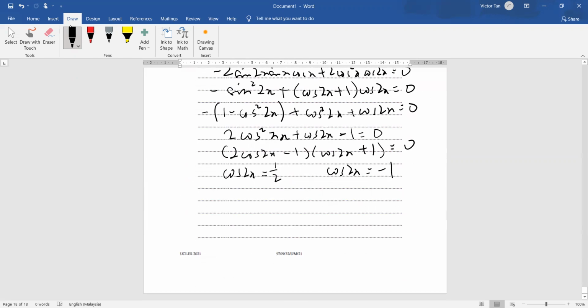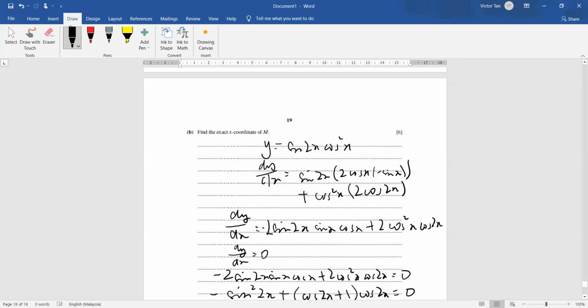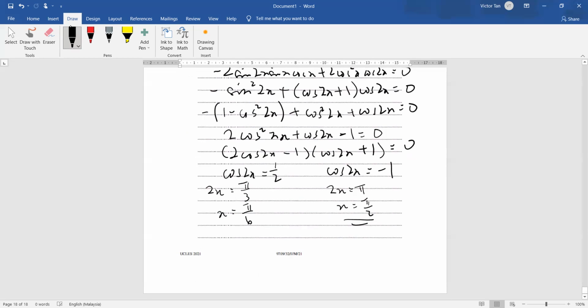M is between 0 and half pi. Here is 2x equals to pi over 3. For minus 1, 2x equals to pi. So here will give you your minimum point. This will give you your solution. So this is the answer.